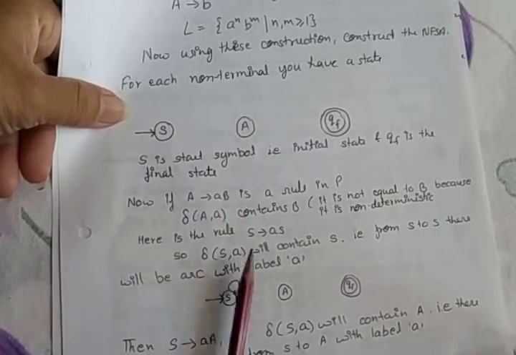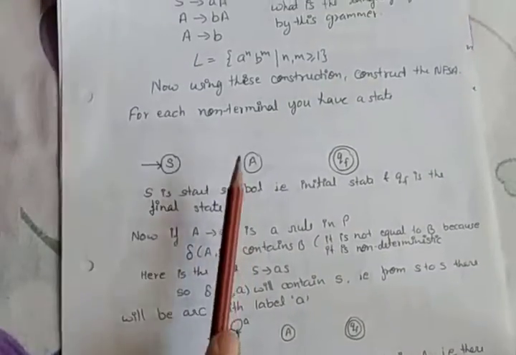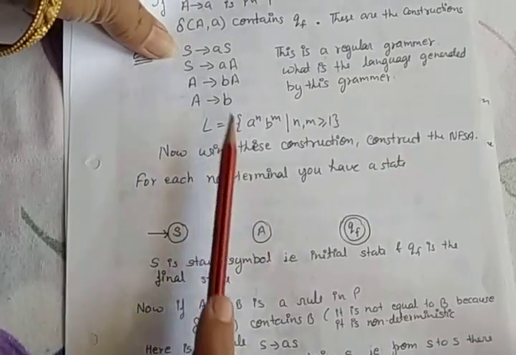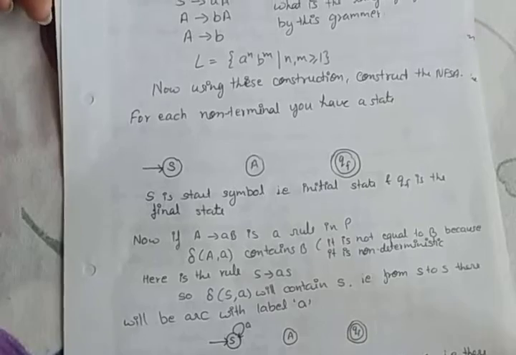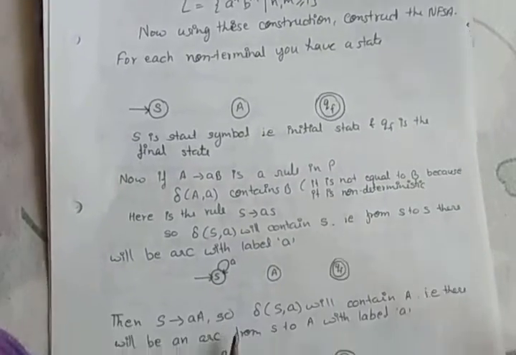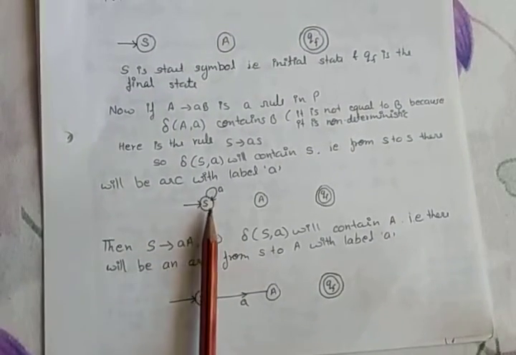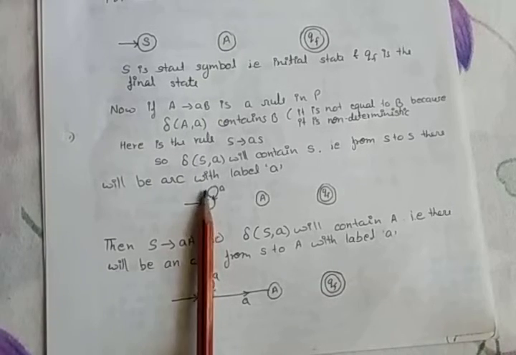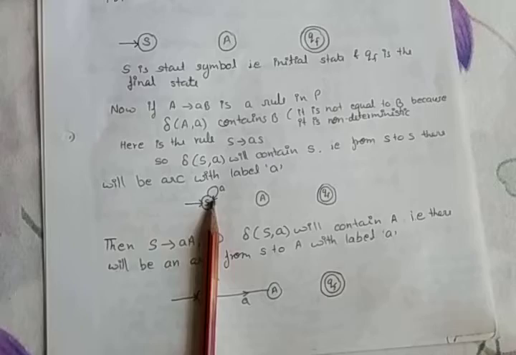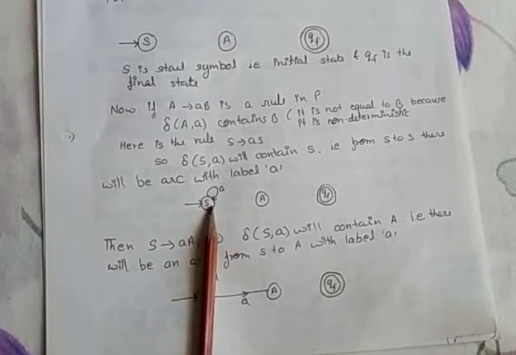So following these rules, we have the first rule, S tends to aS. S tends to aS means at state S we read symbol a and we remain in the same state.